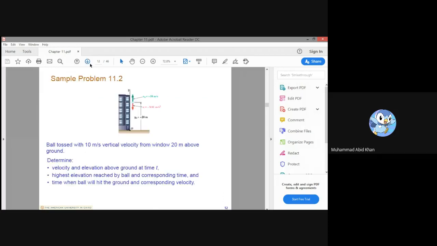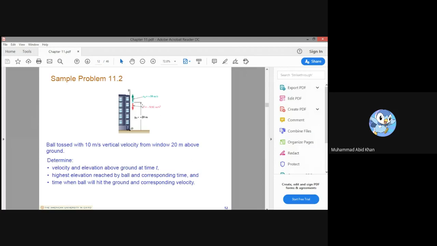Okay, let's see. Here is given sample problem 11.2. A ball is tossed with a 10 meter per second vertical velocity from a window 20 meters above the ground. The distance above the ground is 20 meters. The acceleration is 9.81 meter per second squared.